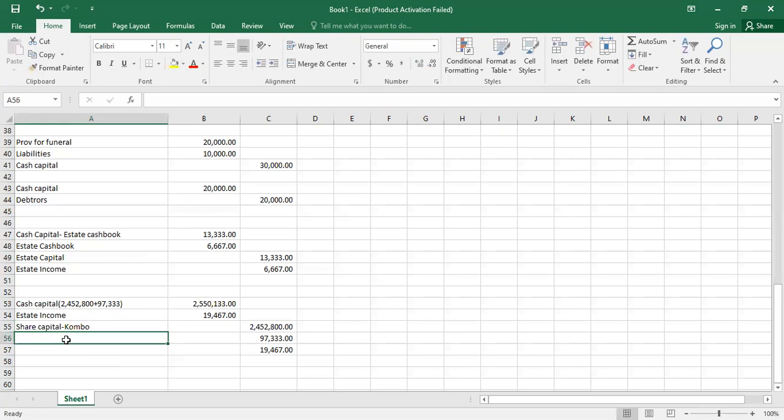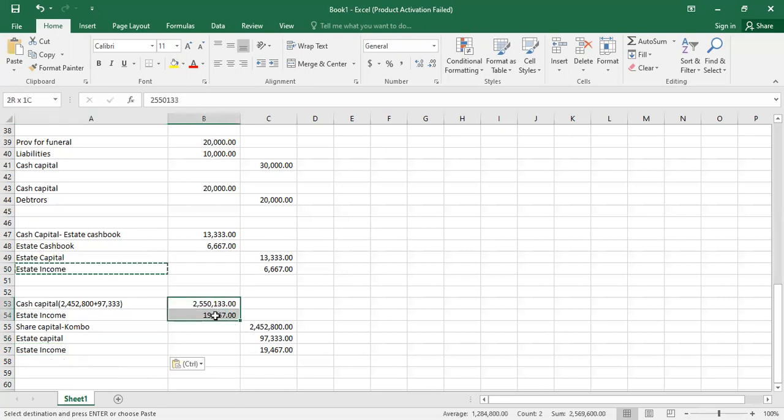Then this one, we know that this is the estate capital. Copy, this is the estate income, so that the double entry is complete. This one we get 25,69,6. I think that's all.